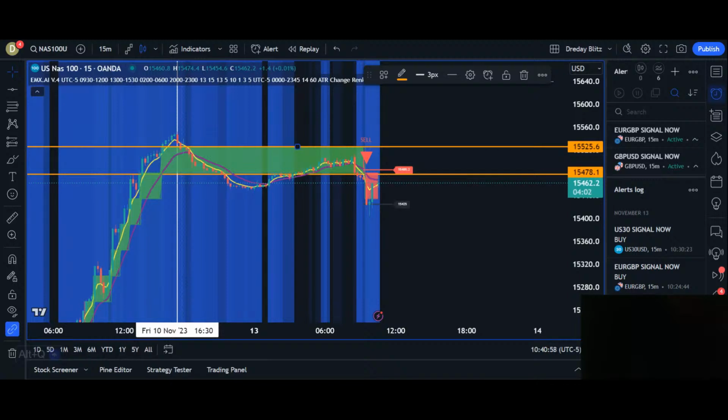Okay, in regards to bias, the bias usually for US 30, S&P 500, and Nasdaq should correlate. The three should correlate, so that means they should go in the same direction. So let's look at the US 30.